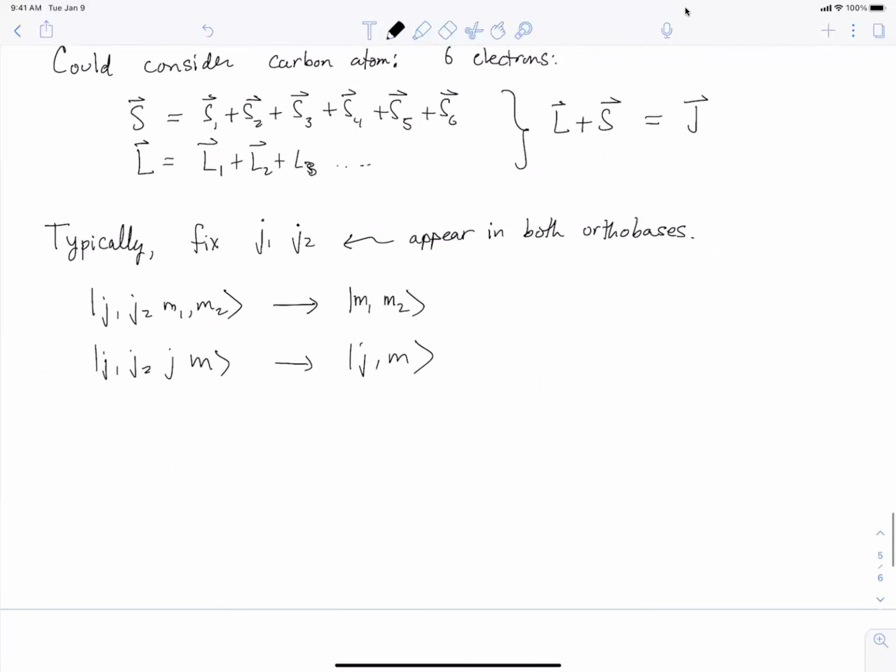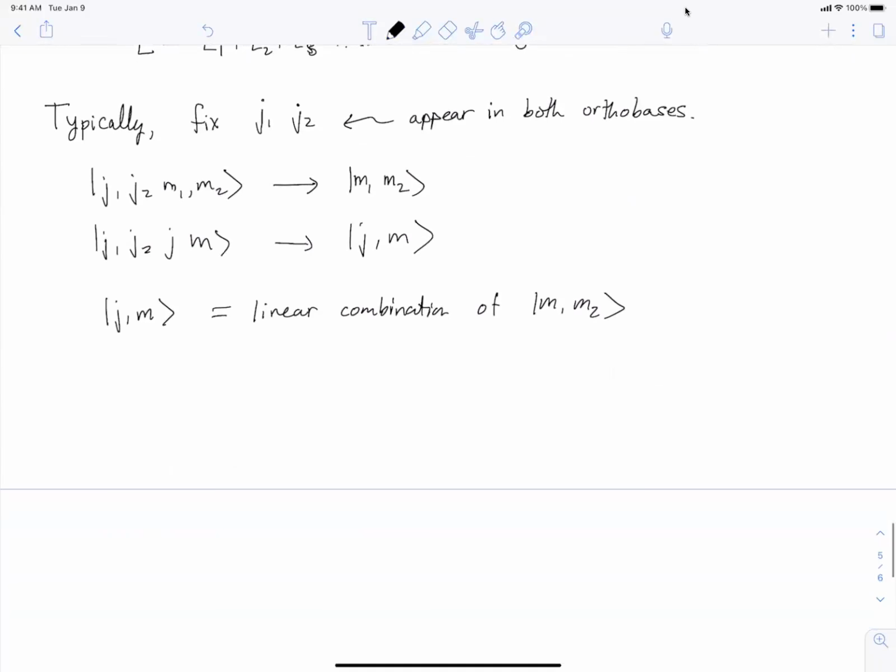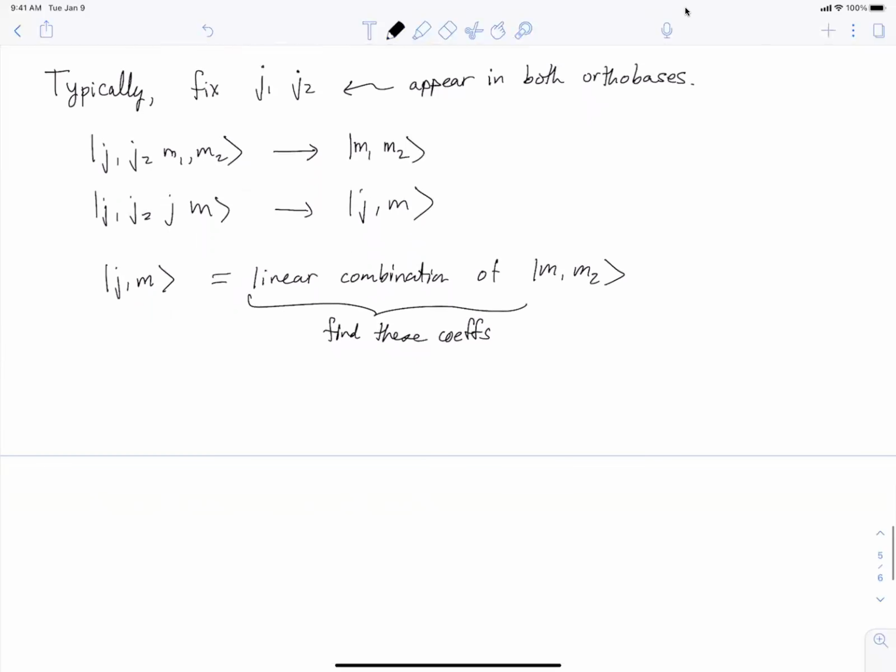And so then the problem again that we're trying to solve is we want to write JM as a linear combination of M1, M2. Our problem is to find these coefficients. That's the general goal that we have. And it turns out, we'll see how this works, if you can find the coefficients, then you can do the reverse.